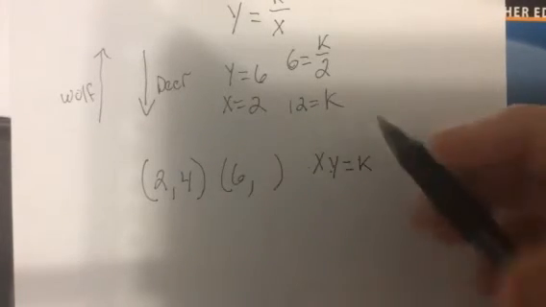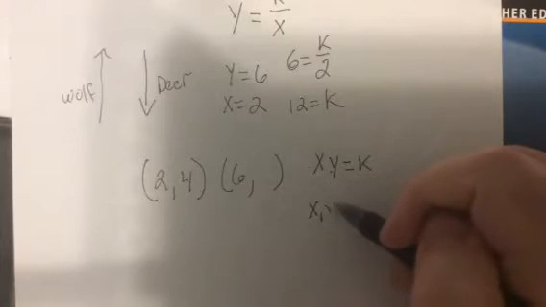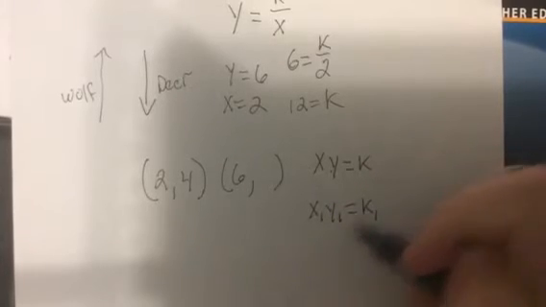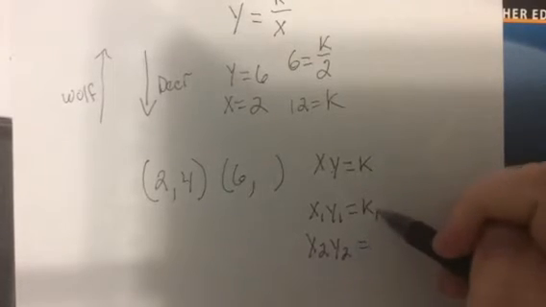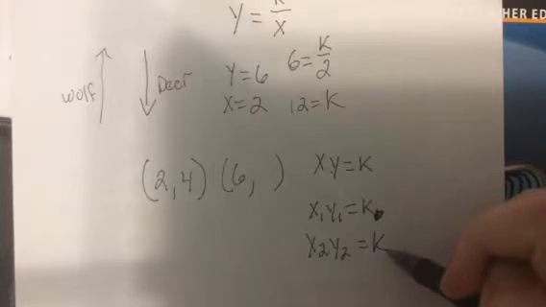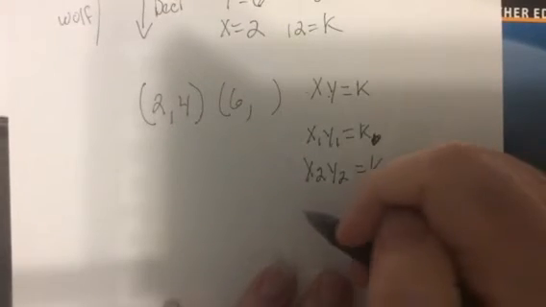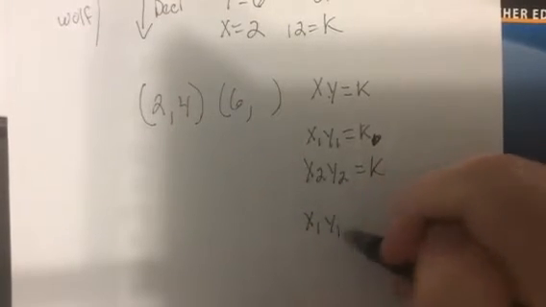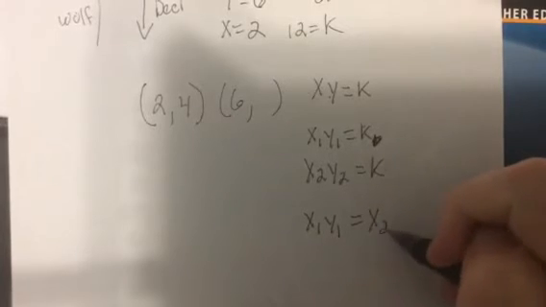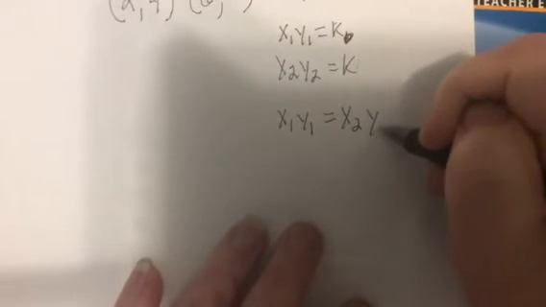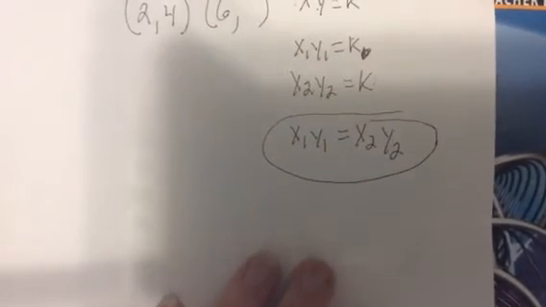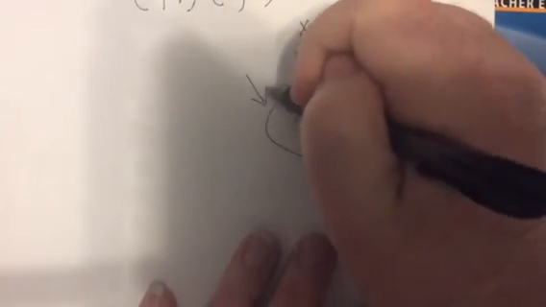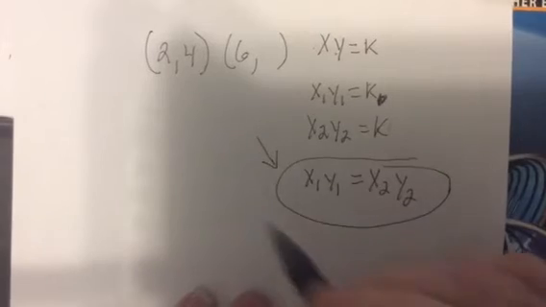So for the specific item, x1, y1 would equal k1, and x2, y2 would still equal the same k. Let's do this. I don't like that 1 there. Sorry about that. And since k is the same, x1, y1 has to equal x2, y2. So whenever you see varies inversely or inversely varies, that's the formula. Wow. So it's just pluggy chuggy.